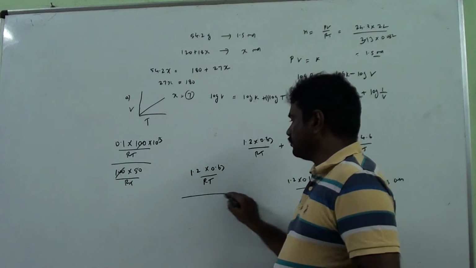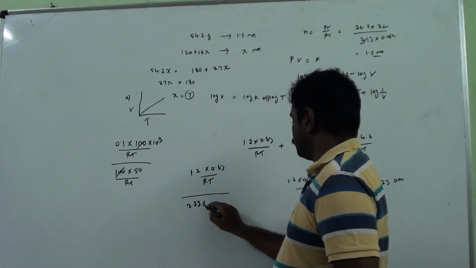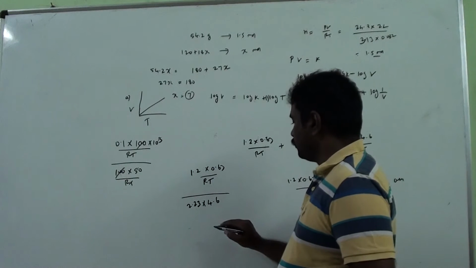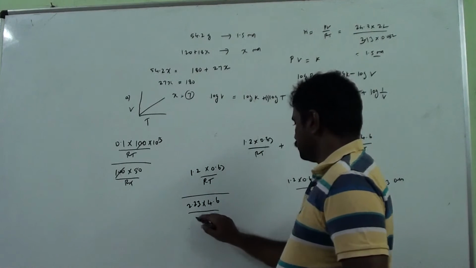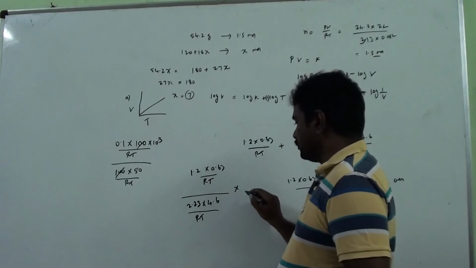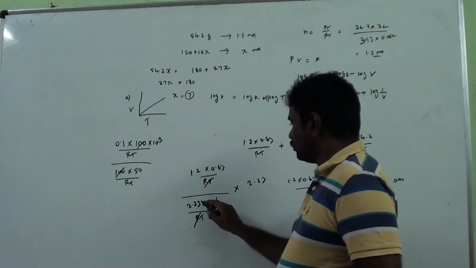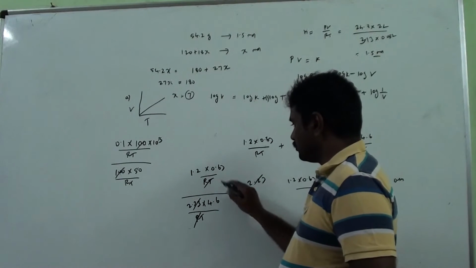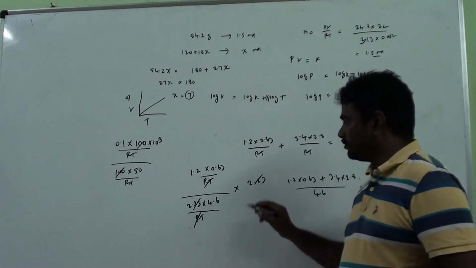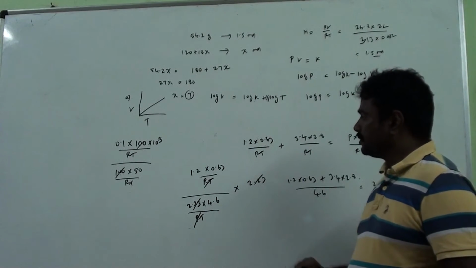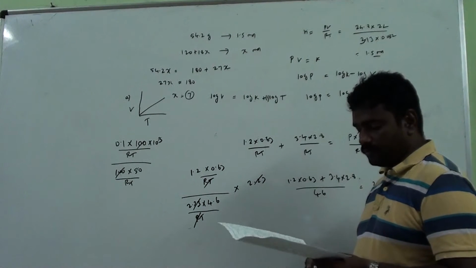Total will be 2.23 atmosphere, 4.6 V by RT. The RT cancels, 2.23 also cancels. Basically 1.2 into 0.63 by 4.6.